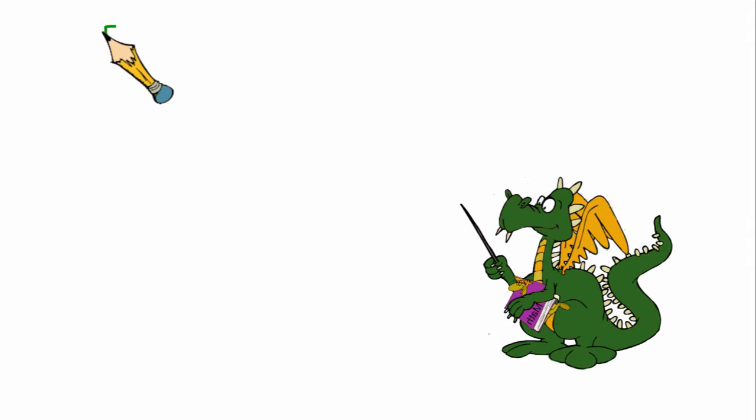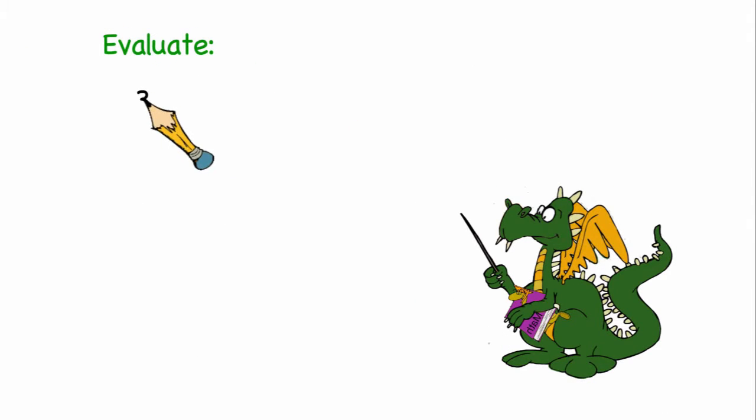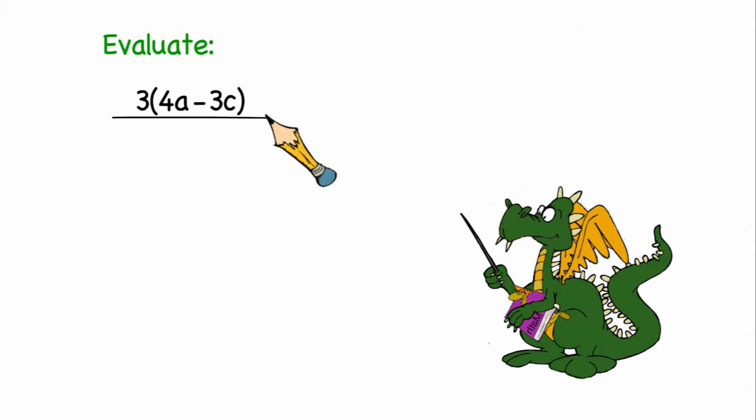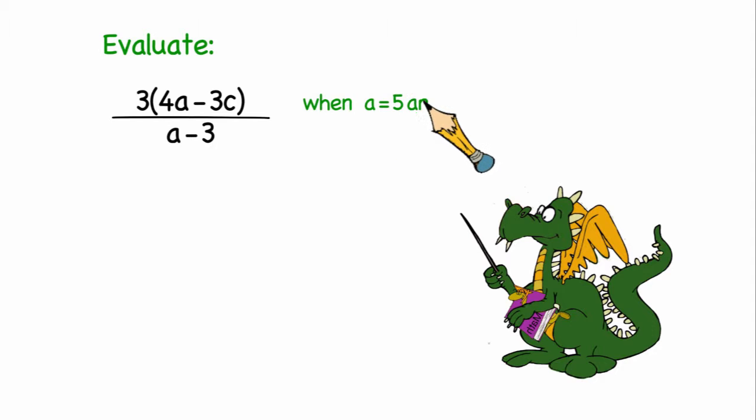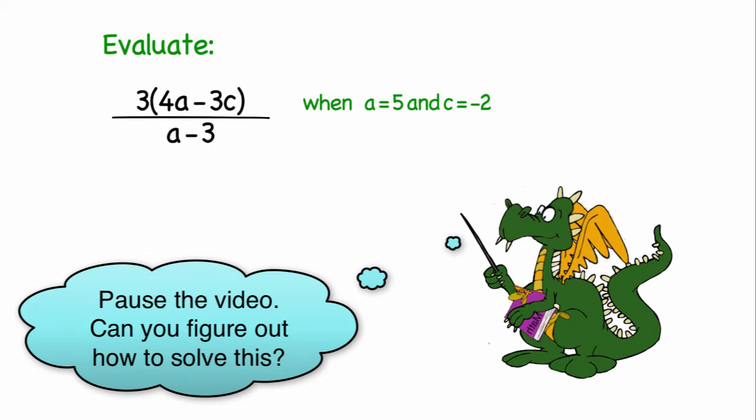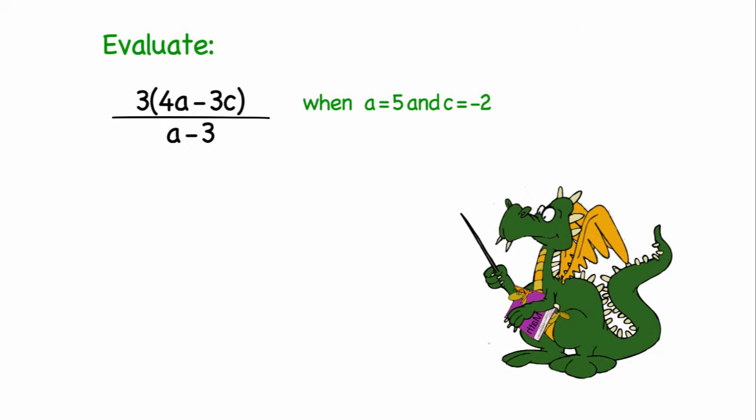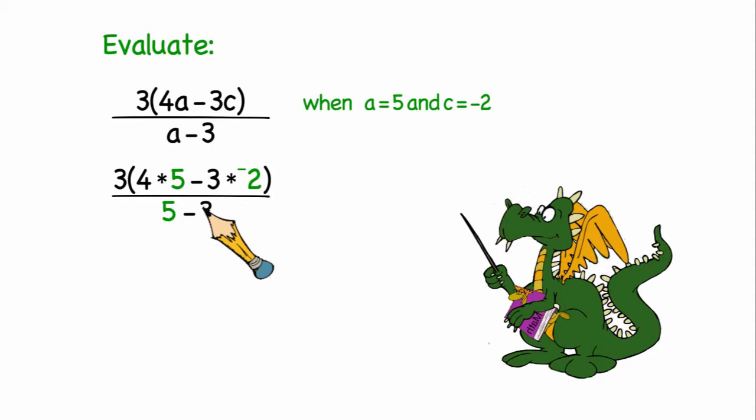Now let's try evaluating the algebraic expression 3 times the quantity 4a minus 3c, divided by a minus 3, when a is equal to 5 and c is equal to negative 2. The first step is always to replace the variables with the given values. So we'd have 3 times 4 times 5 minus 3 times negative 2, divided by 5 minus 3.